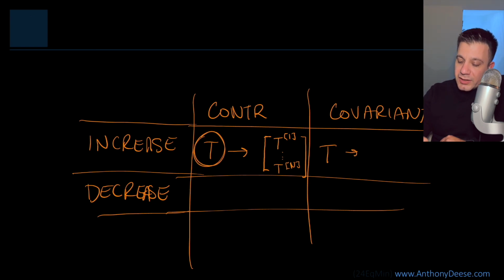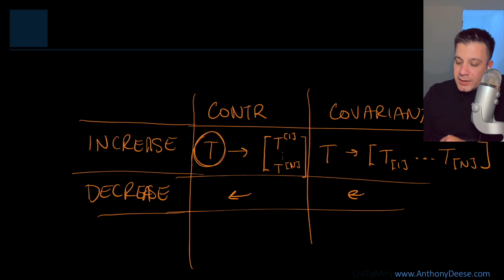Remember, this is just a single element. That's what I mean by t. We stretch it sideways, and that turns it into a row-oriented array. And then essentially decreasing just does the opposite of each one of these.